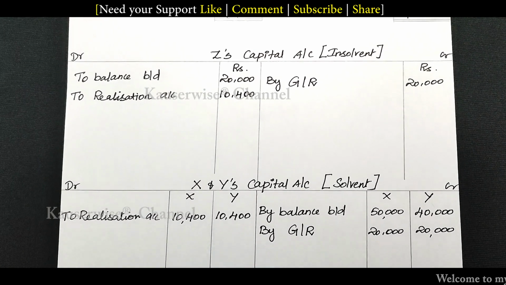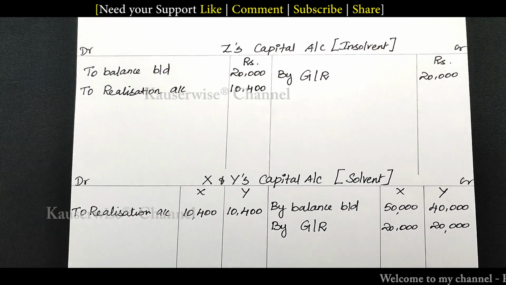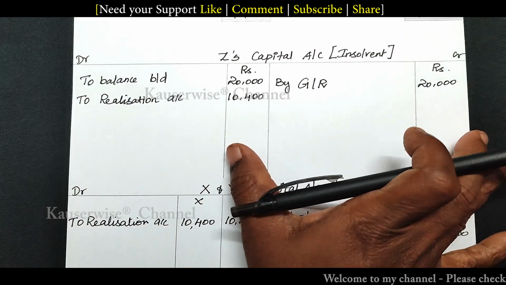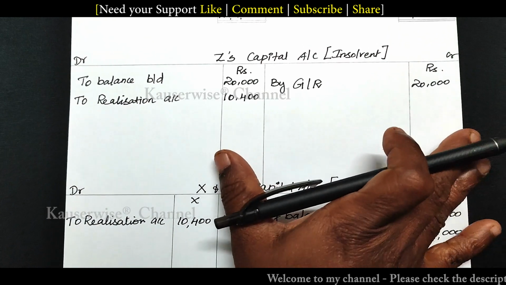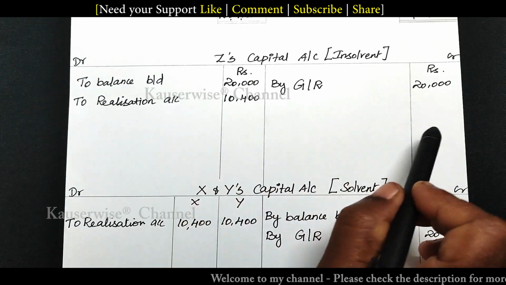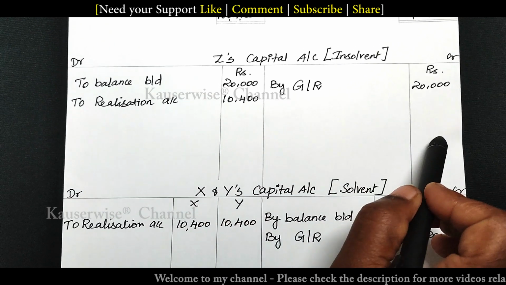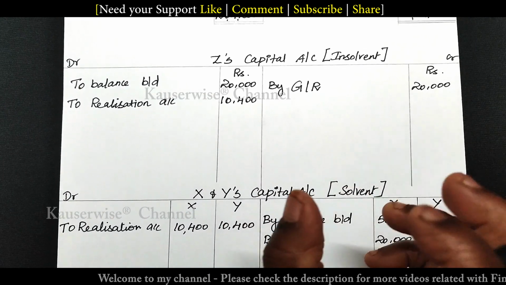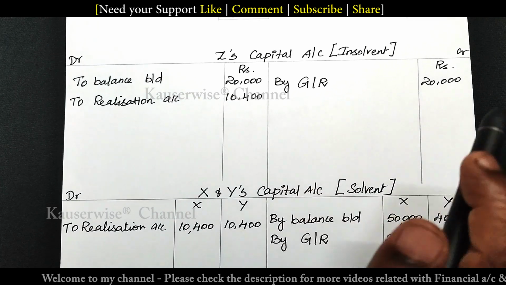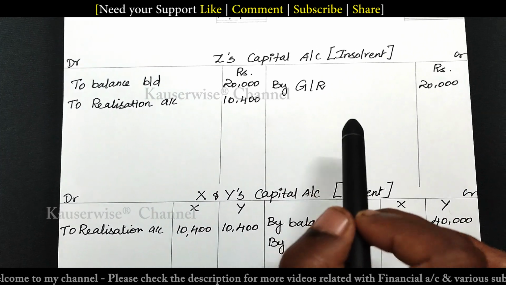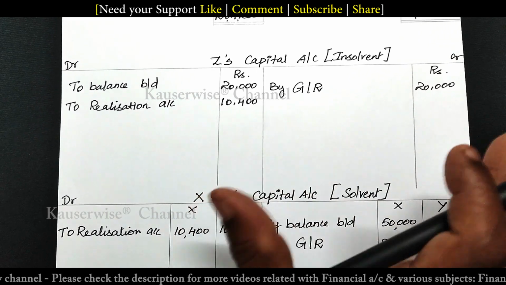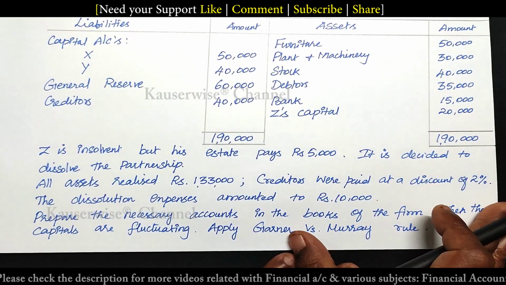Now first we need to close the insolvent partner's capital account. But before you close it, just see if there is any amount contributed by the insolvent partner towards his loss. See the problem, see the adjustment.